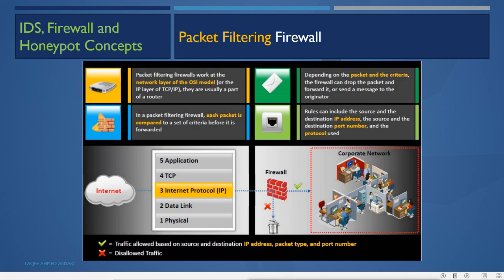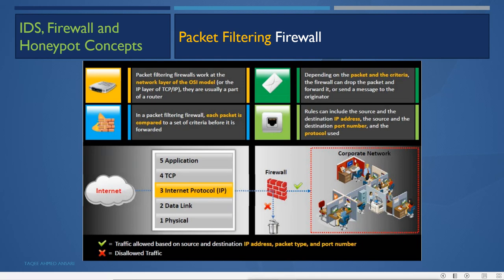The port number basically decides the protocol used. So whatever rules we create in this packet filtering firewall simply depend on the source and destination IP address, port number, and the protocol used.